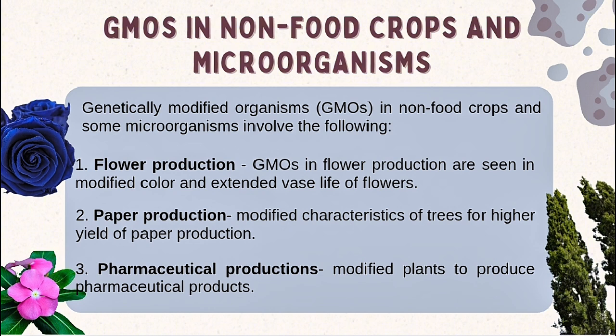Number one, flower production. In flower production, scientists use GMOs to create flowers in new colors and longer vase life. For example, we all know that roses naturally come in colors like red, pink, and white, but not blue. So scientists work on creating blue roses using genetic modification.